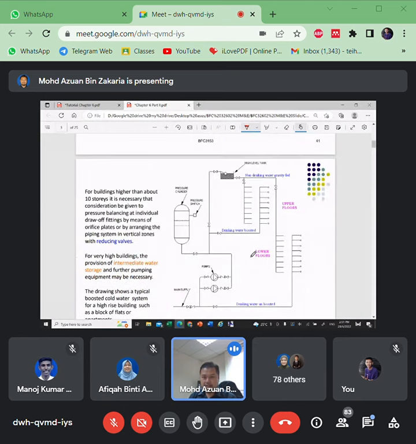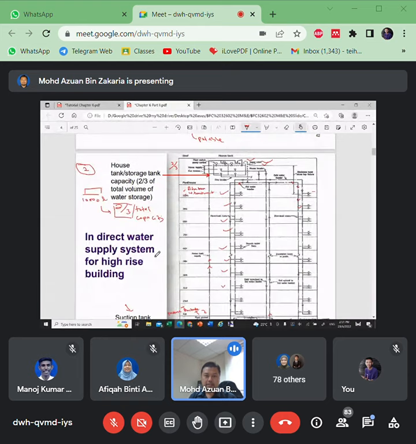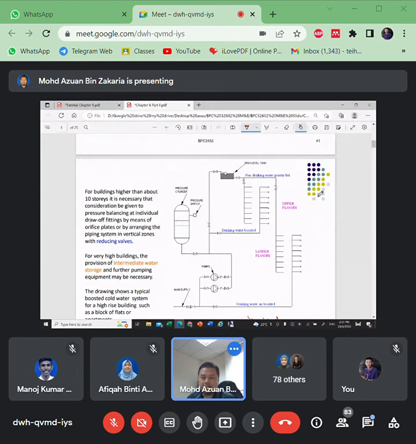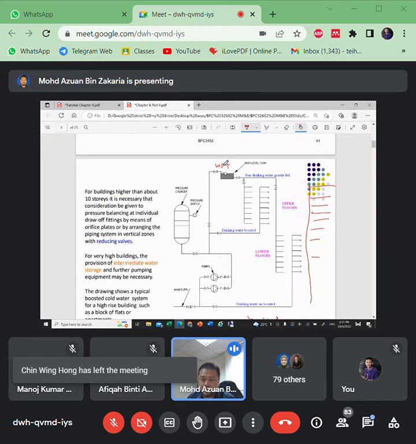Another advanced system is similar to the indirect water supply system, but it has boosted or pressurized potable drinking water. Look at this figure. Imagine this is a tall building. This is the main water storage tank, and here there should also be a suction tank.